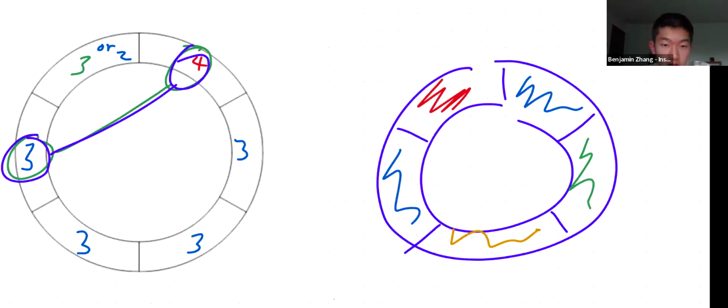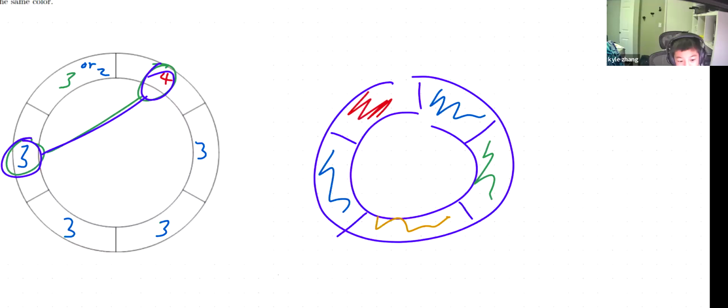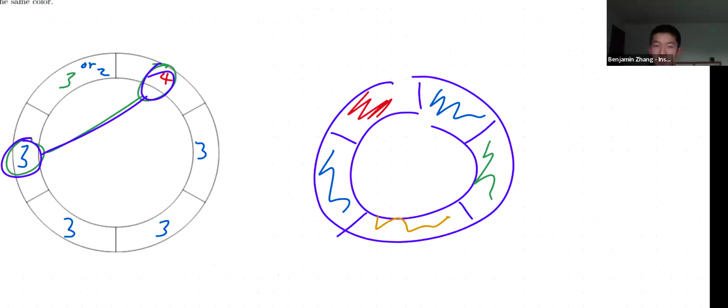Yes, Kyle? Fibonacci? Oh, not necessarily. Okay. So what you notice is that to make this into a 6 ring, we have 2 options here.